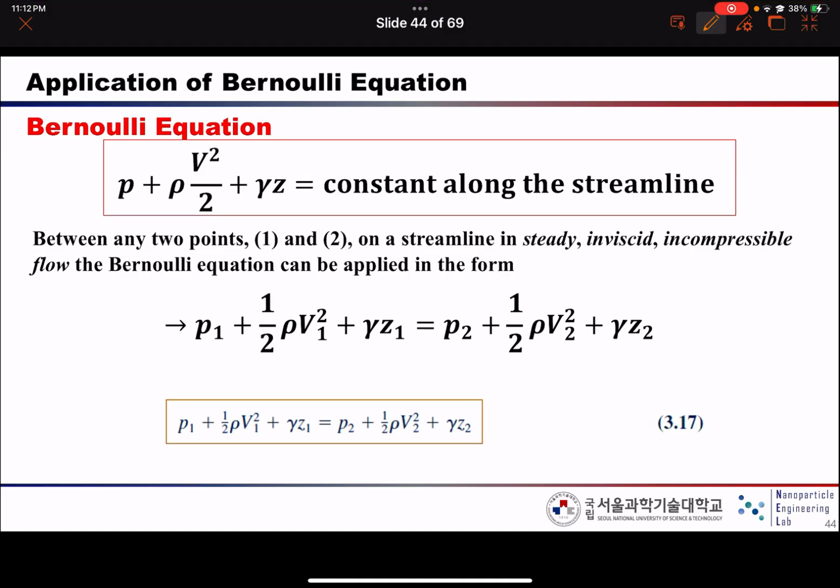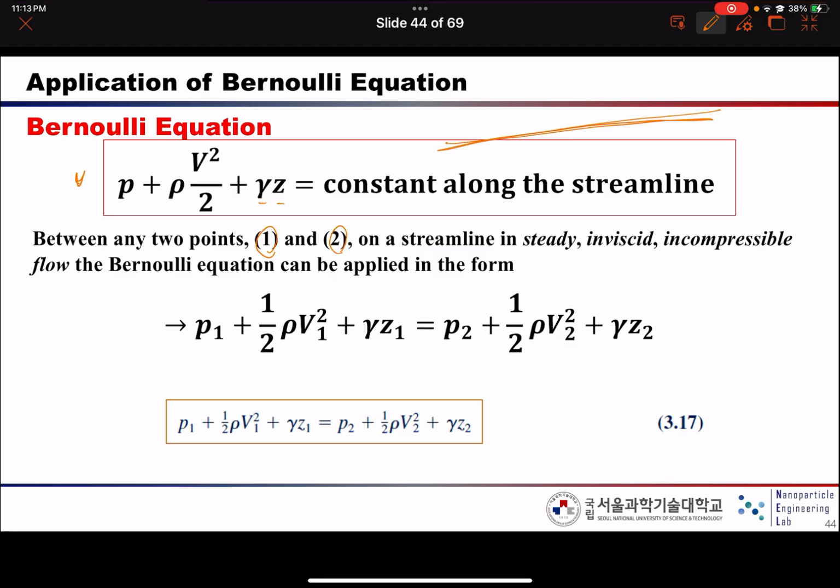Let's talk about the application of the Bernoulli equation. As we already mentioned, the Bernoulli equation is P plus rho V squared divided by 2 plus gamma times Z equals a constant along the streamline, between any two points 1 and 2.